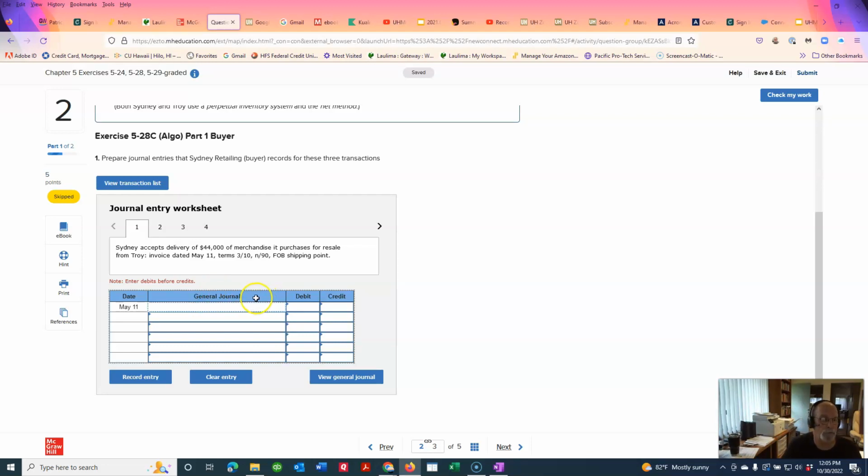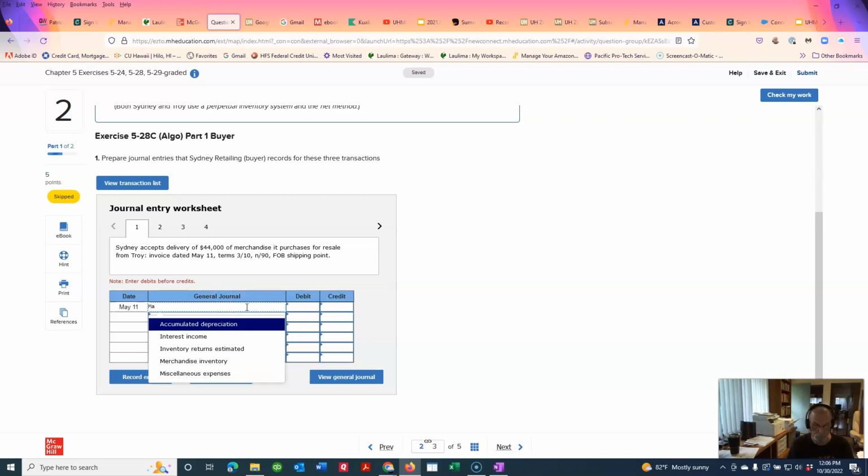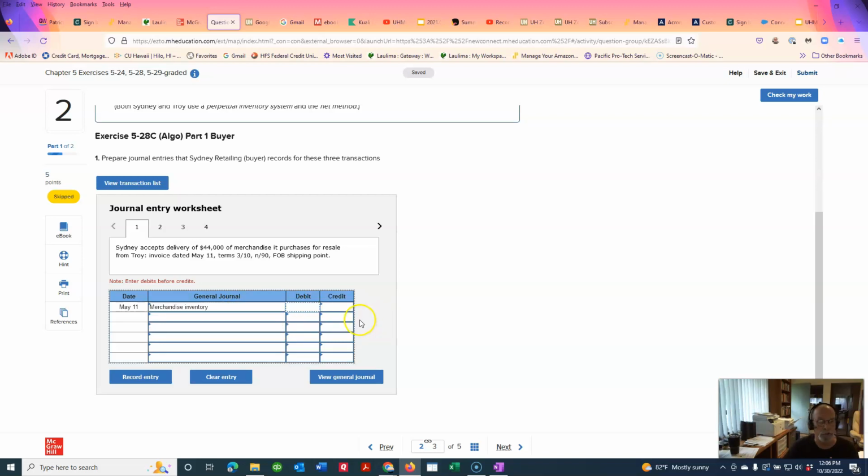Now, using the perpetual inventory system or method, our debit on a purchase for the buyer is going to go to merchandise inventory account. Normally, if we were using the gross method, we would debit merchandise inventory for 44,000. But because we're using the net method, we calculate the discount and subtract it from the invoice price, and we record it net of the discount. So that's going to be 42,680.